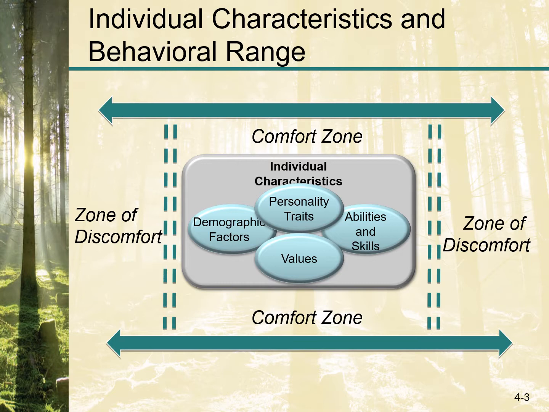And so when we start to move you outside of your normal personality, outside of your normal abilities and skills, outside of your normal set of values, when you are hanging out with people who are not of the same demographic makeup as you, the theory goes that you're going to be uncomfortable, and so therefore you'll be in your zone of discomfort. Once you're in your zone of discomfort, two things happen. Either you can fail miserably, or you can learn from the experience and start to make your zone of discomfort more comfortable for you.